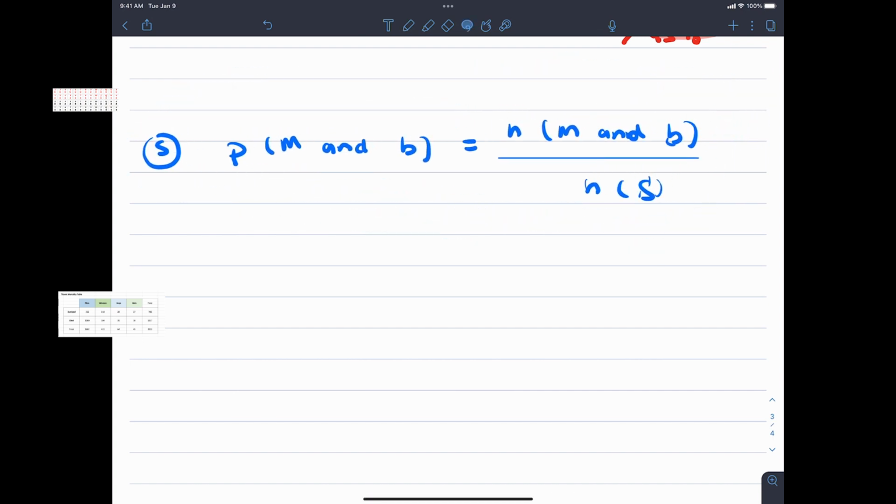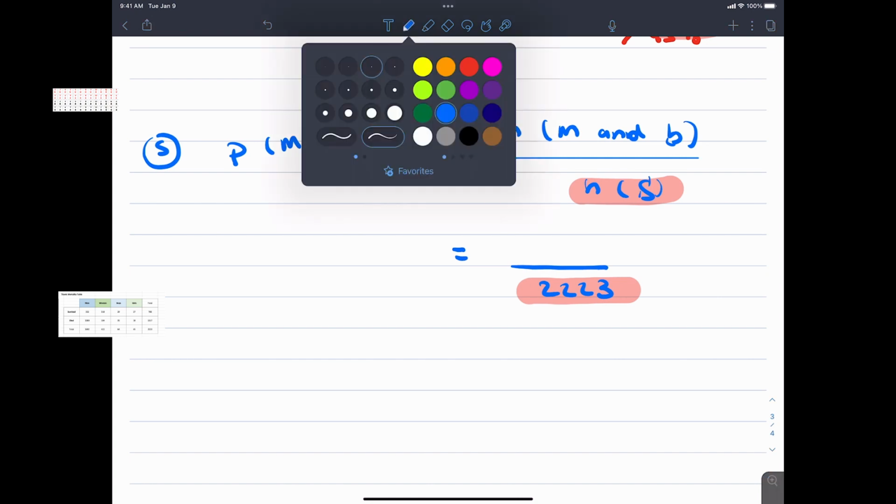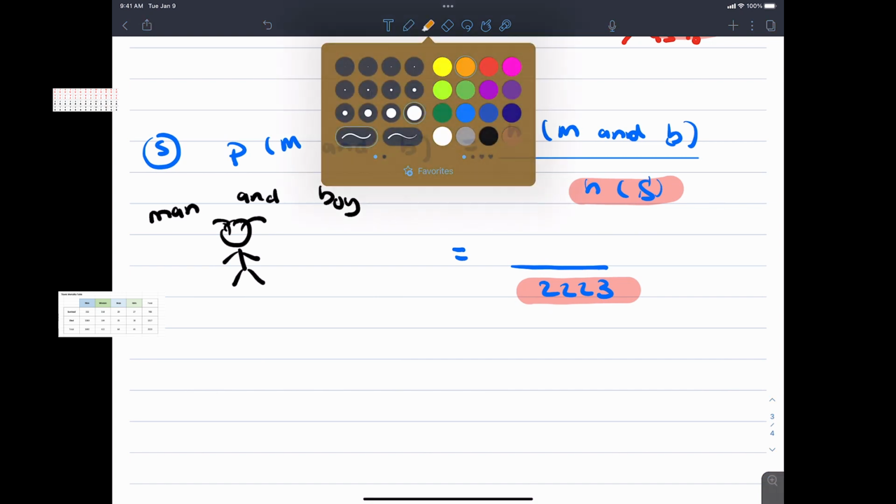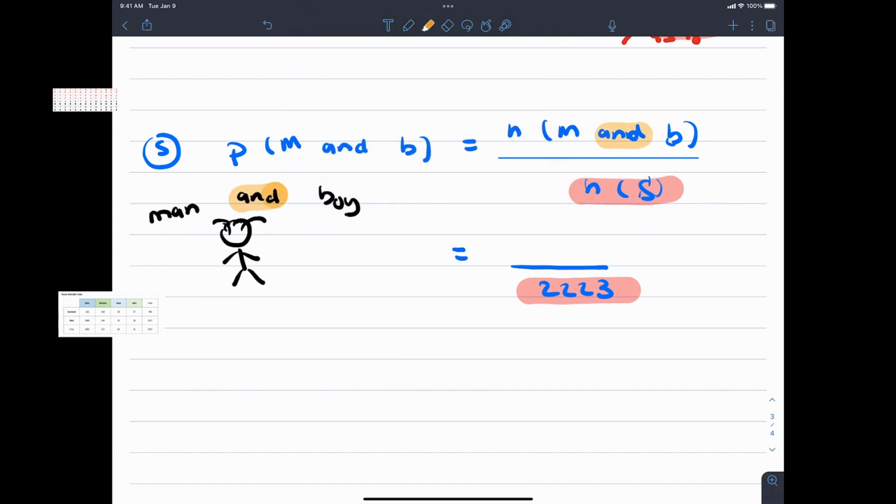We already know there's 2,223 passengers. They're down here. But the real question is going to be the numerator. That one passenger has to be both a man and a boy. The key word here is and. So you're really going to have to think about this, ladies and gentlemen.